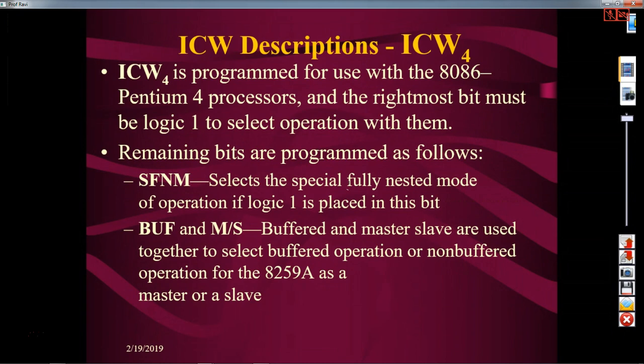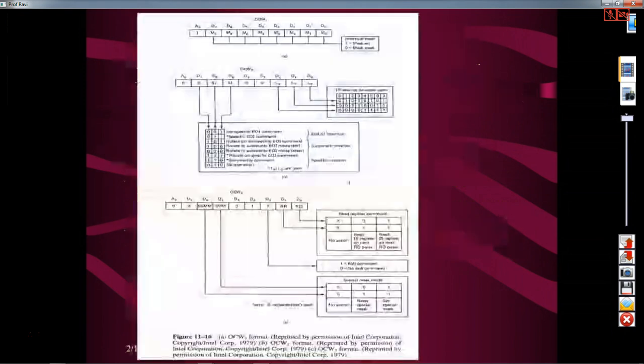SFNM selects the special fully nested mode of operation if logic 1 is placed in this bit. Buffer and MS, buffer and master slave, are used together to select buffered or non-buffered operation of 8259 as a master or slave. That is ICW4. So a few examples also we have seen.